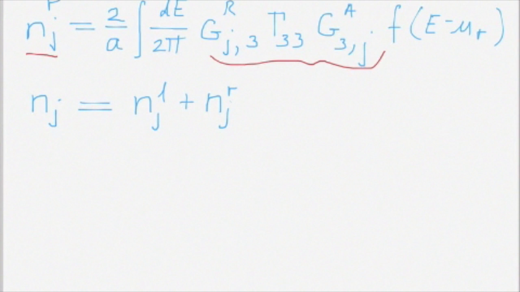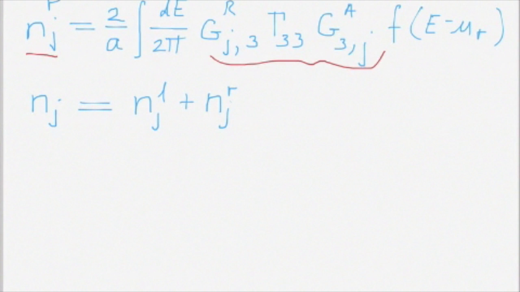Your gamma 3,3 is the gamma from the right lead, and this is basically gr j,3 magnitude squared, which tells you, I hit the device, this is how much makes it to node j, and do the same integral. And finally, the total electron density, you just sum the contribution from both the left lead and the right lead. And that brings us up to where we were when we stopped last time.